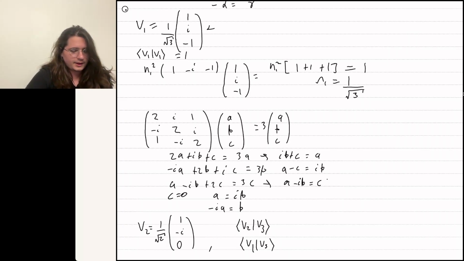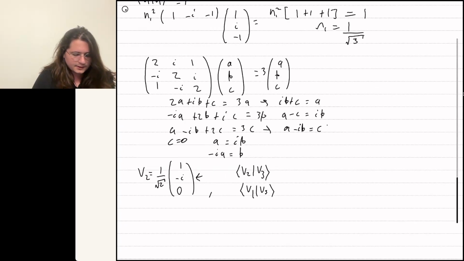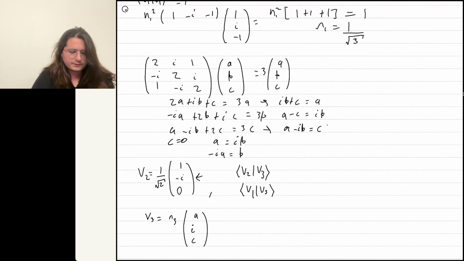So V1 had i in the second element, V2 had minus i in the second element. So I'm going to say just set up V3 like this, N3 times a, and then fix the second element to i, and then the third element will follow from these same equations that we've set up, right?